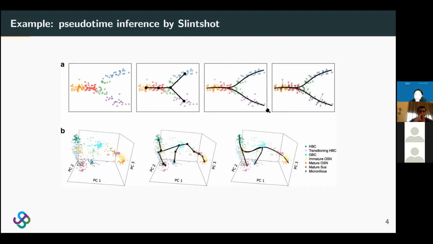Okay, these are the principal curves. And then it will project each cell to each principal curve. And then after the projection, the coordinates in each curve are considered to be the pseudotime in that lineage. So each curve represents one lineage, and you're going to obtain the pseudotime of cells in that lineage by projection. So this is just a bifurcation trajectory. And here we have a more complicated trifurcation trajectory.